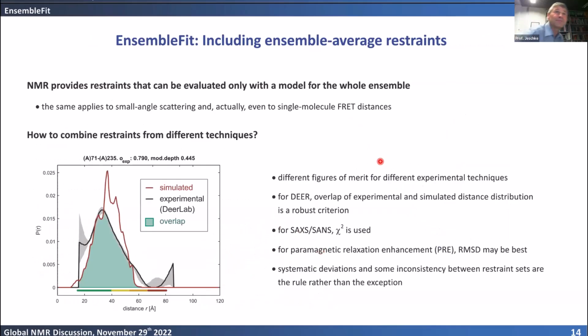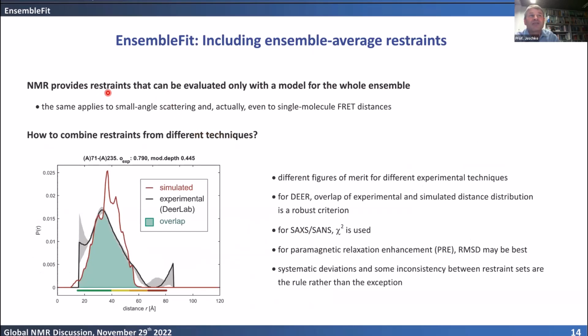Okay. Now at this point, I have something like 10,000 or 2,000 conformations, and now I have to find the best possible ensemble with, let's say, 20 or 25 or 100 conformers. How do I do that? At this point, I can use all the restraints, also the NMR restraints, for instance, PREs.